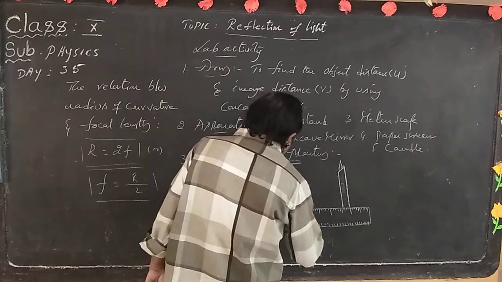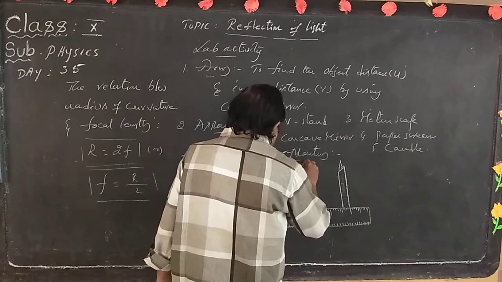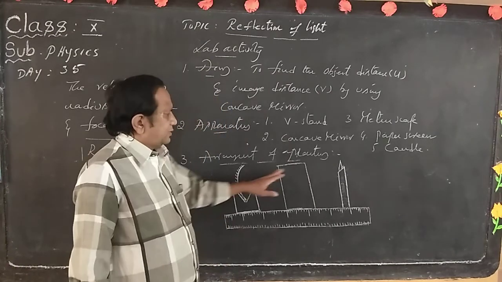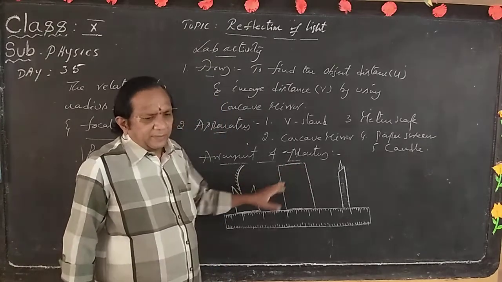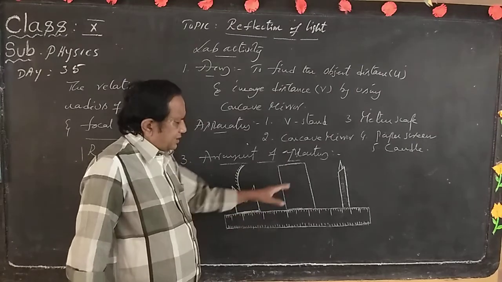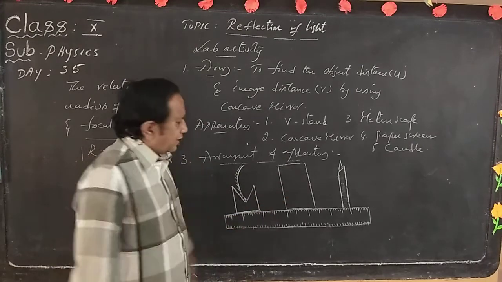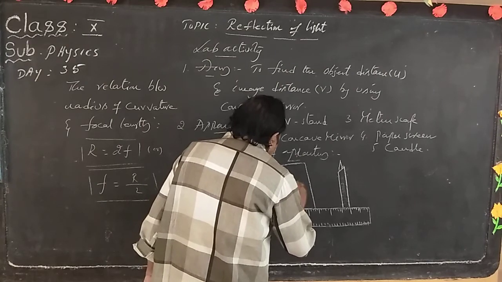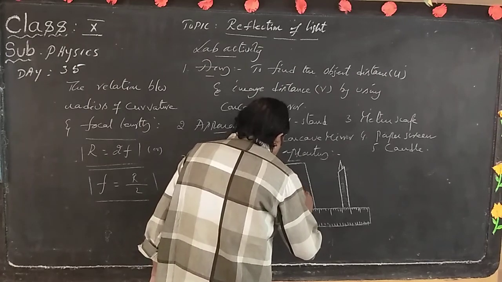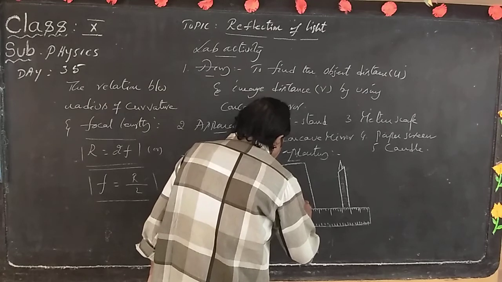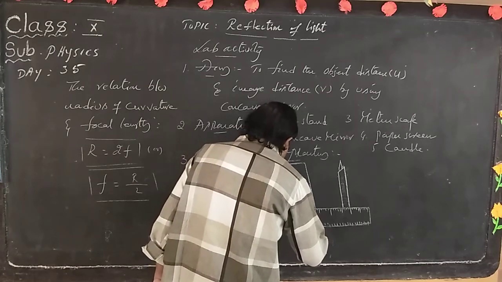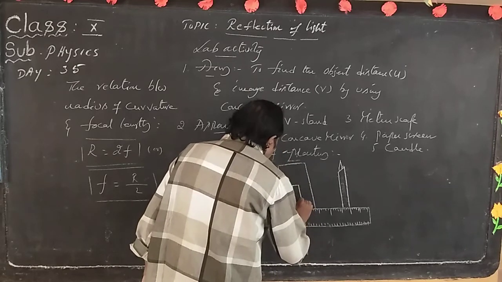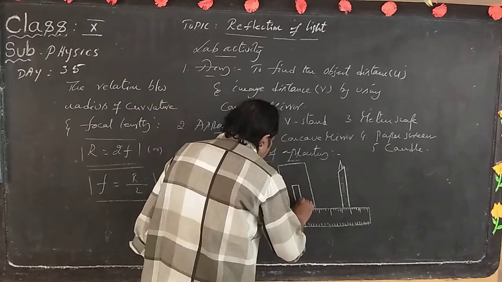Move the paper screen to and fro at one particular instant, until you get a clear, sharp image of the object, that is the candle, on this paper screen.